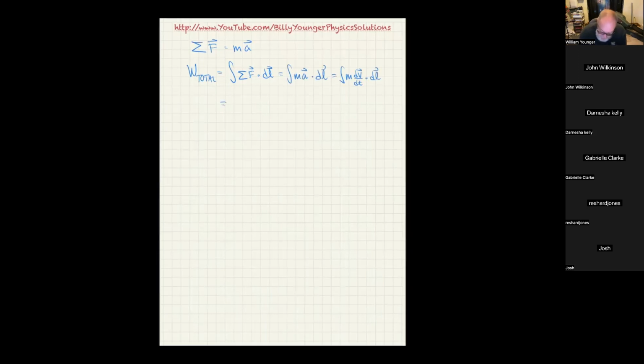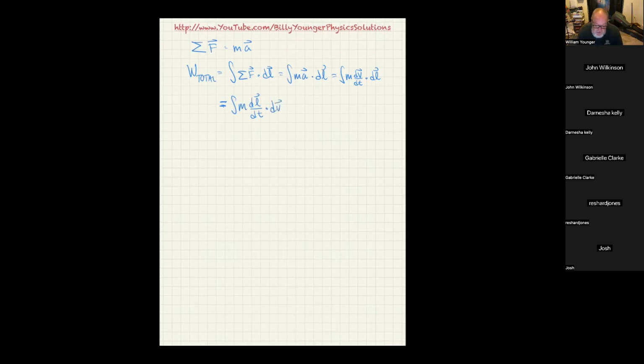Now, I've mentioned this a couple times in this class, those little d's that you see in the derivative, like dv and dt, they're actually things that you can do mathematically. So it's not just a symbol. You can move the top part and take away the bottom part and that kind of stuff. So what I'm going to do is change the order of dv and dl, and what I'm going to get is the integral of m dl/dt dotted with dv.